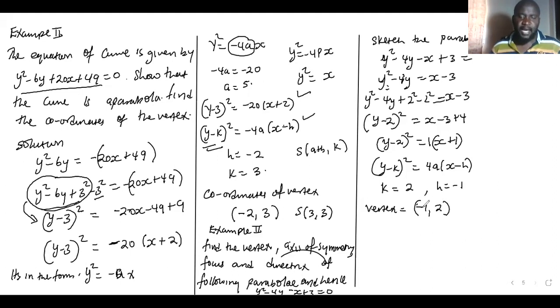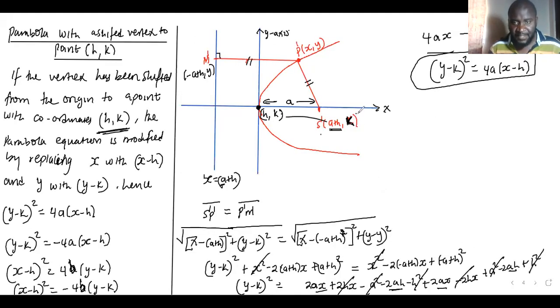Solution. Axis of symmetry. The axis of symmetry is which one? Do you see this axis of symmetry here? This x-axis we had was y is equal to k.